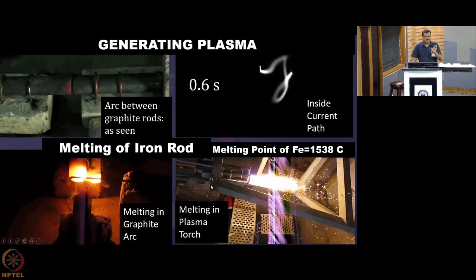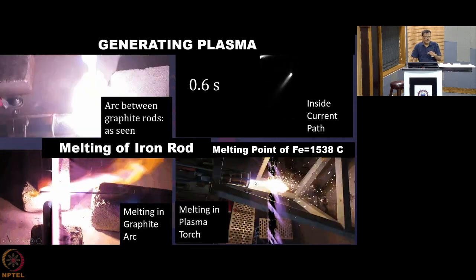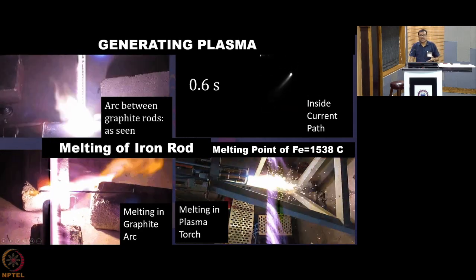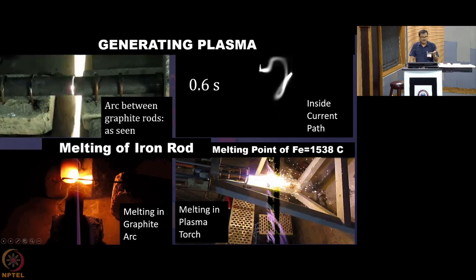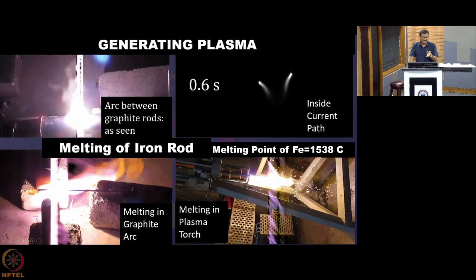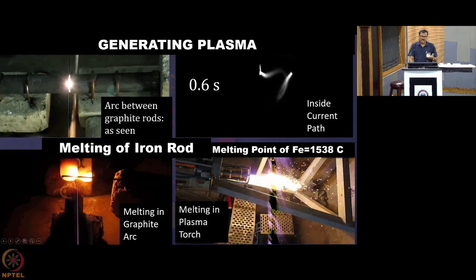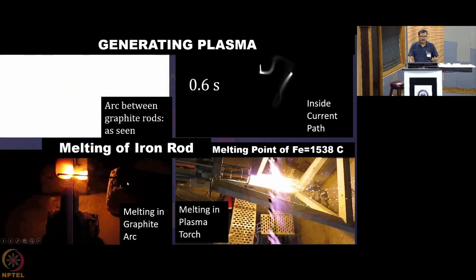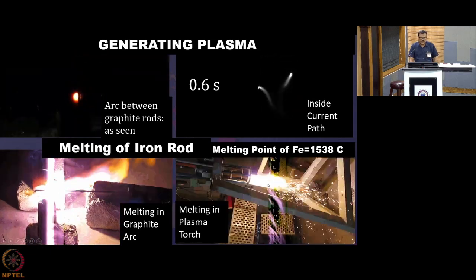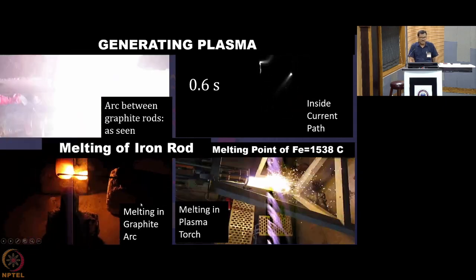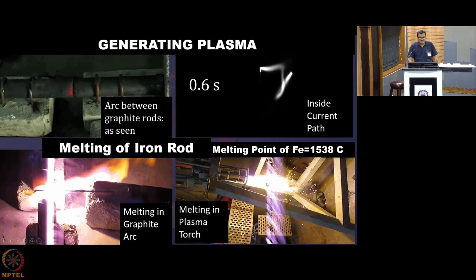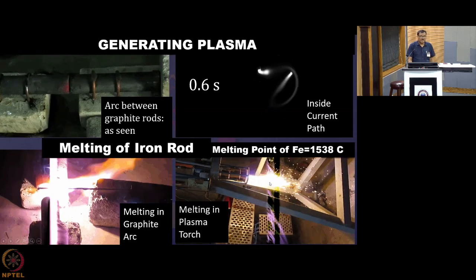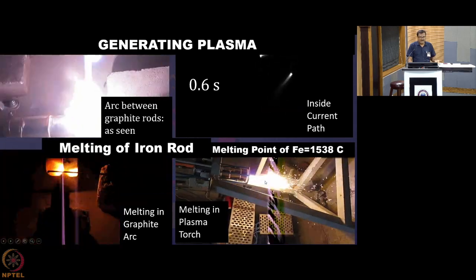Because of that consistent and persistent heating, it is able to emanate a jet having a temperature of more than 10,000 degree Kelvin, and we have often measured the temperature in this plasma jet, and it comes anywhere between say 12,000 to 16,000 degree Kelvin. Now, when we insert the same iron rod, which did not melt over here, you see that the plasma is able to melt that rod like milk, like splashing milk.